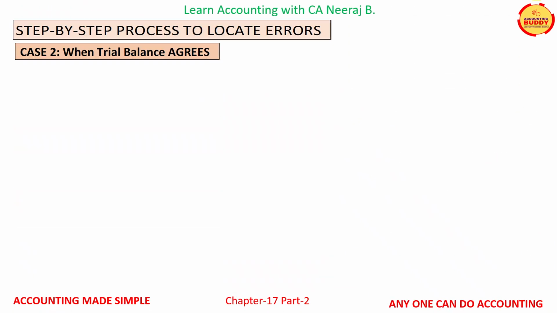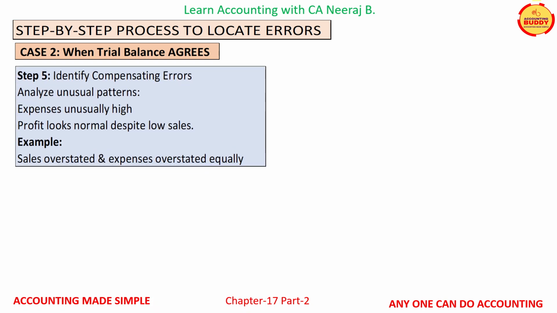Another step which can be followed to locate errors when the trial balance agrees is to identify compensating errors. Such errors could be found by looking at unusual patterns. Analyze expenses and compare them with the previous year to find out very high or very low expenses.